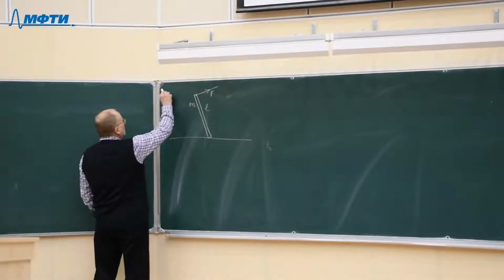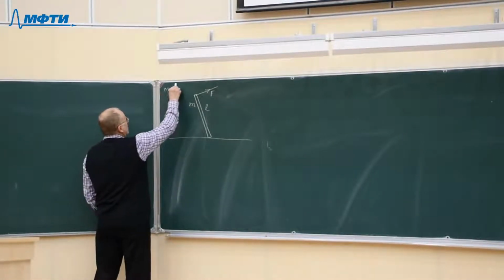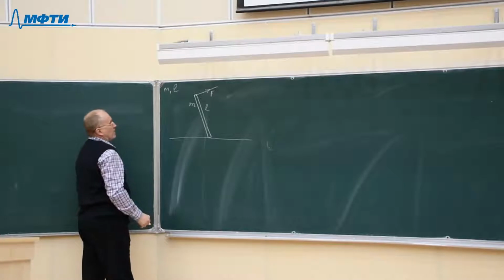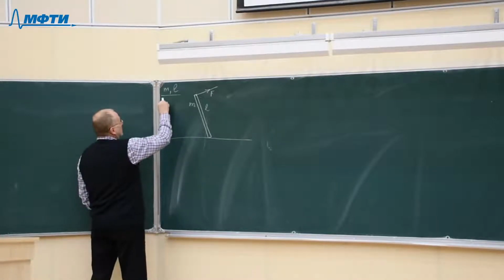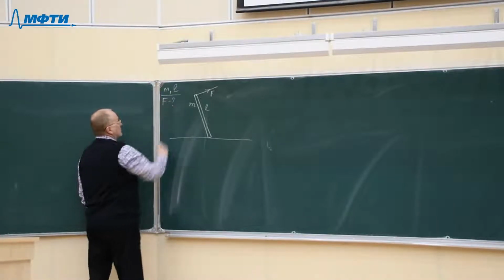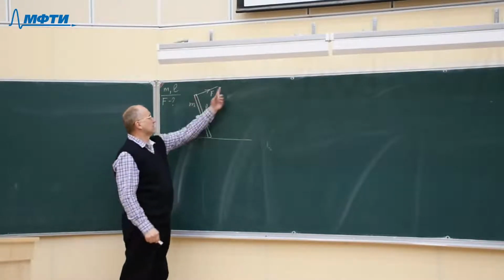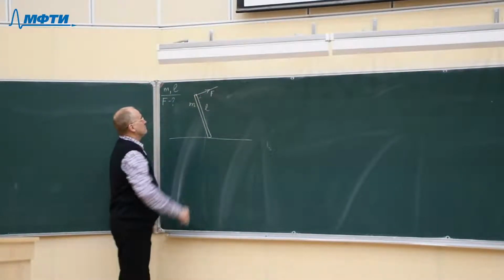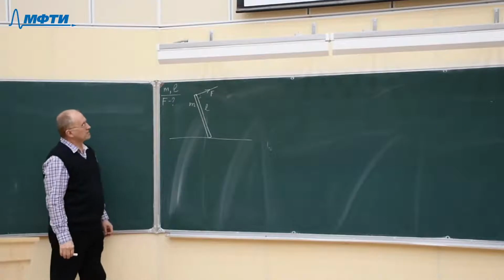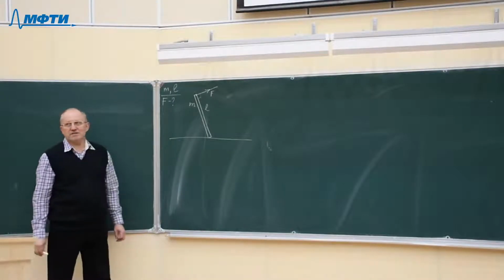So what is given? The mass of the bar and its length. What we need to find? The force which must be applied at the right angle so that the bar is in static equilibrium.